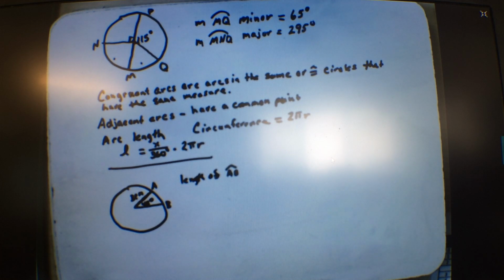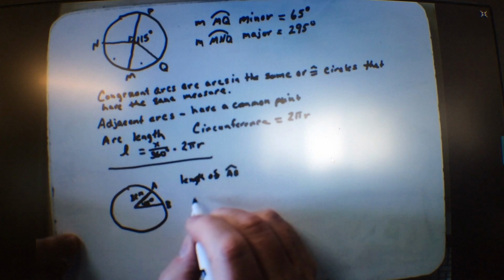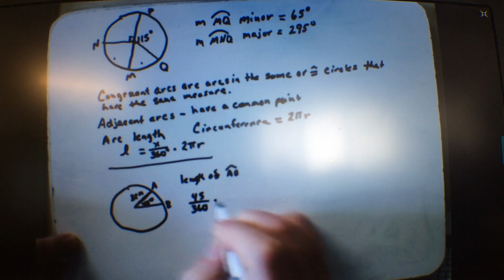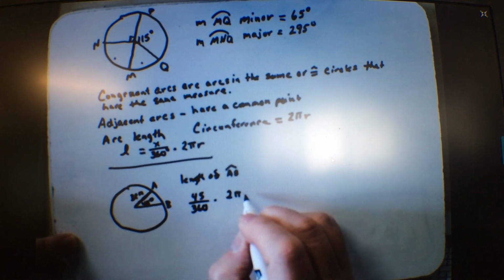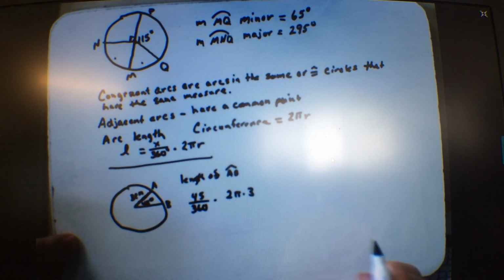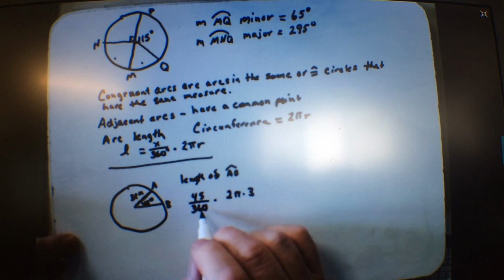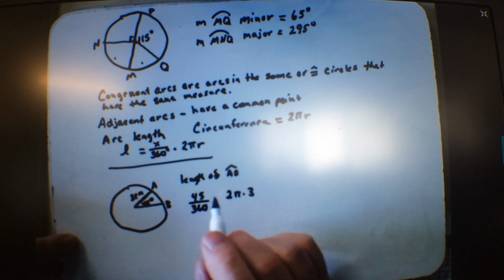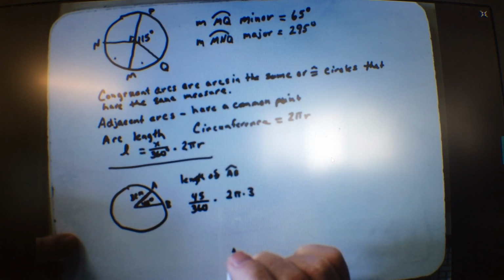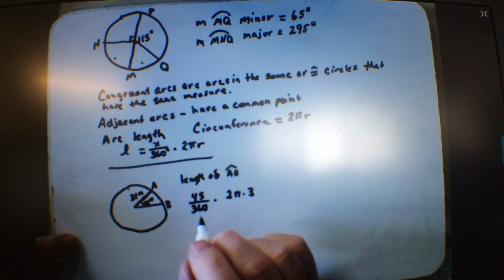How long is it? I would take 45 out of 360 times 2 pi times the radius, which is 3. Now, I don't know if you know this, but 45 over 360 can be simplified to what? 1/8.